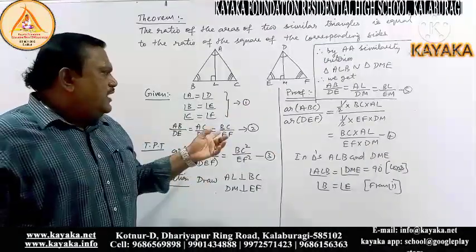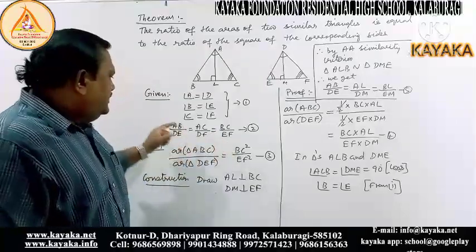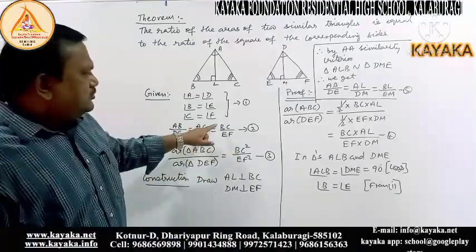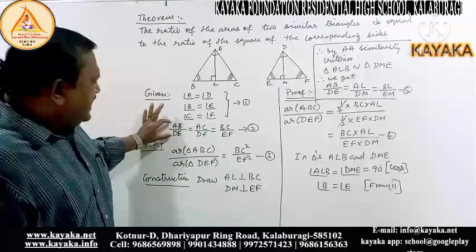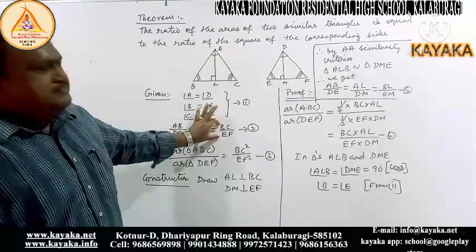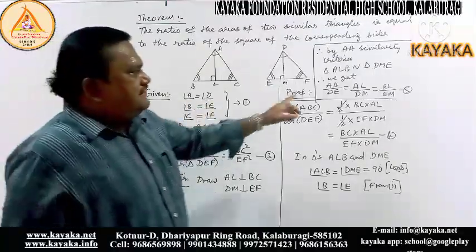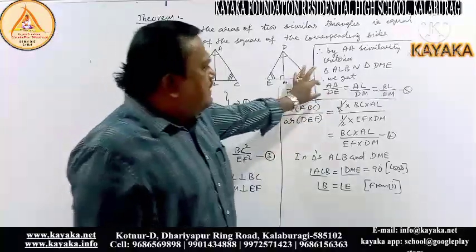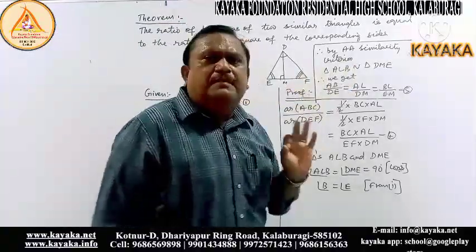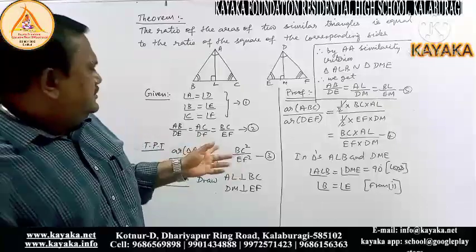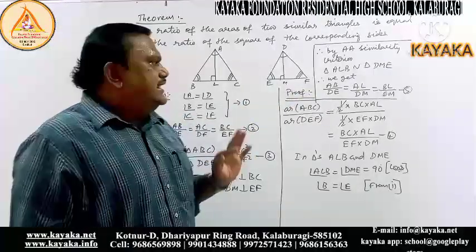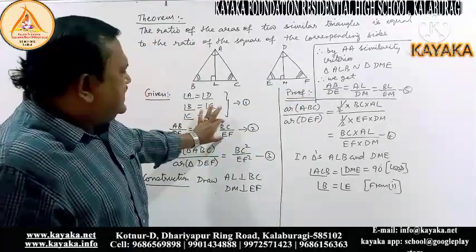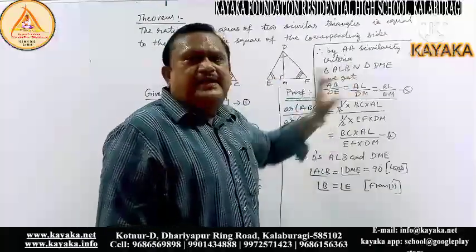Now see here, from 2, what do we have? AB by DE equal to BC by EF. And from 5 we have AB by DE will be equal to AL by DM. Therefore, from 2 and 5 we will get BC by EF equal to AL by DM.